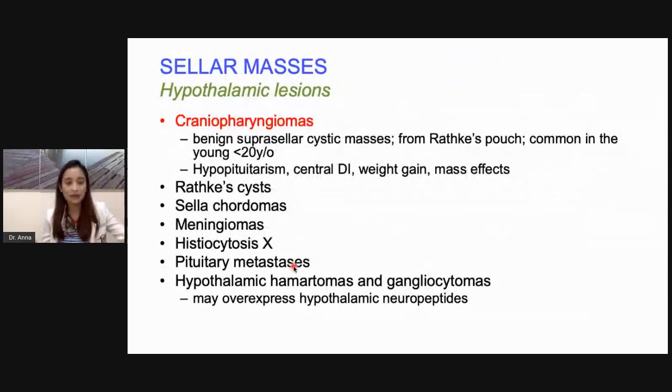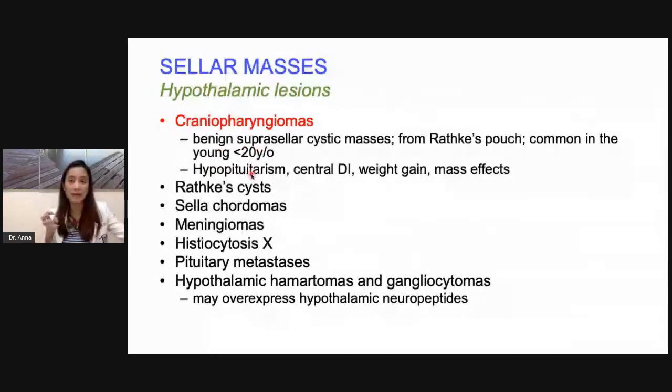So other sellar masses, remember sellar masses is not just pituitary. There are other structures there that can cause a sellar mass. And the next most common will be your craniopharyngiomas. Your craniopharyngiomas is from your hypothalamus. These are benign suprasellar cystic masses, usually in a young population, and this can cause hypopituitarism.